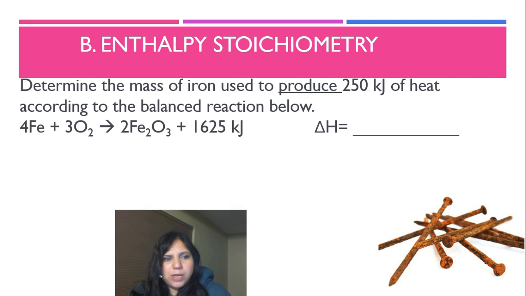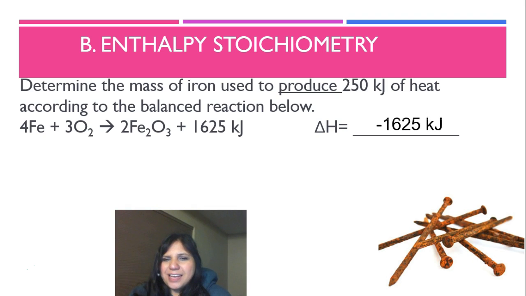One more, example 3. Determine the mass of iron used to produce 250 kilojoules of heat according to the balanced reaction below. In this case, we have the energy first. We have the equation for iron rusting, forming iron oxide. So iron plus oxygen makes iron 3 oxide, plus some energy.